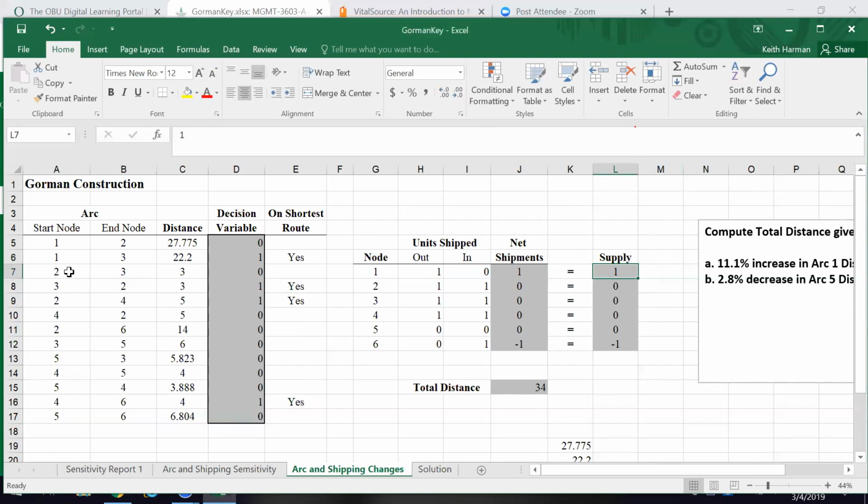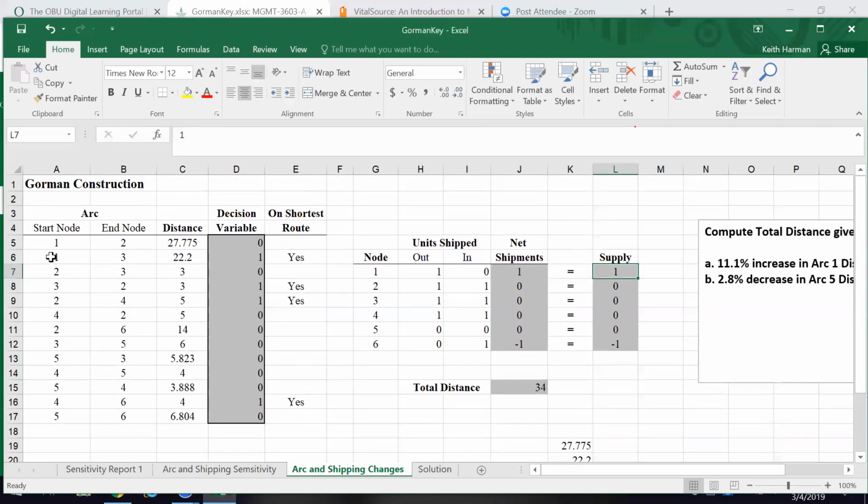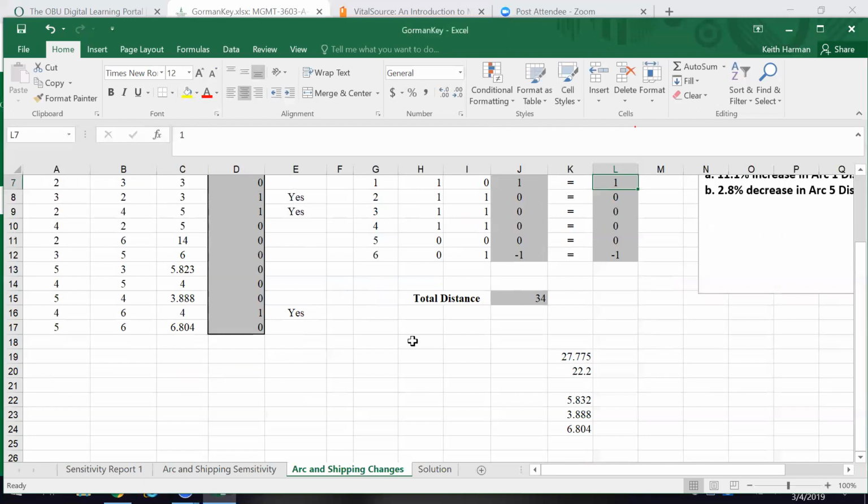We increased the ARC1 distances and decreased the ARC5. If you want to see what it looks like, you can go back to the chapter in the book and see which ones I'm talking about. There are some of the figures, a little bit of an increase.